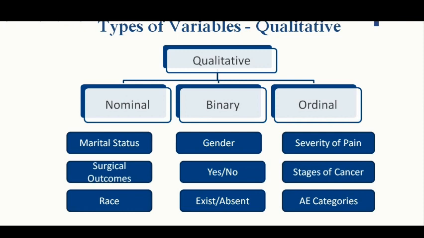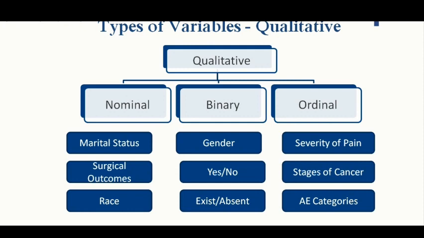So you have some finite categories, and if they are ordered in some sense, then they become ordinal. If they are not ordered, then they are nominal. So marital status one can consider as nominal, unmarried, married. You may say that unmarried, married, there is an order, but it is generally considered as a nominal variable. Then surgical outcomes, race, European, Asian, American, there need not be any order as such.